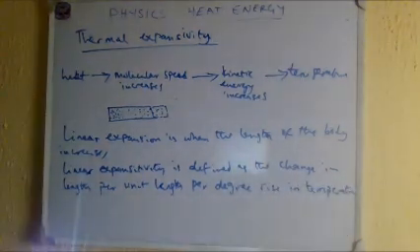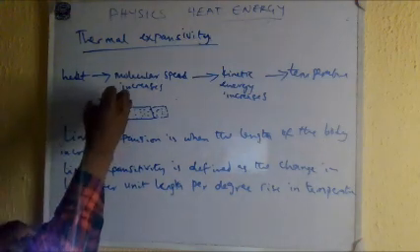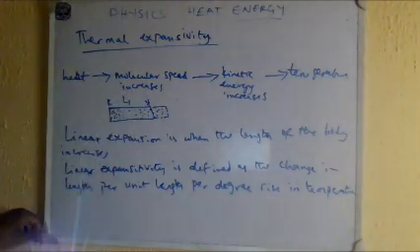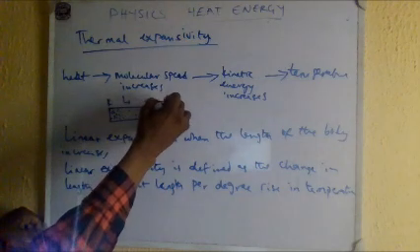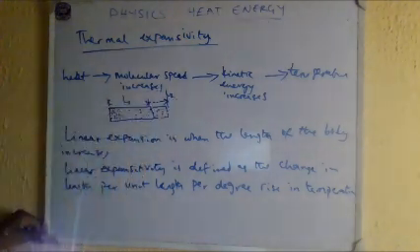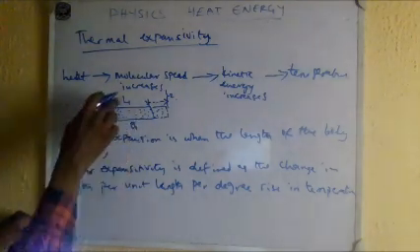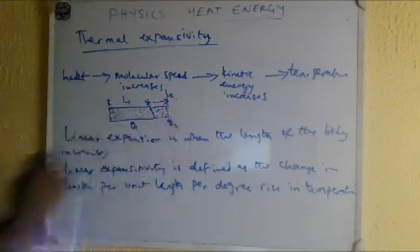So this one now is the length, initial length, L1. When heat is applied, it now increases and acquires a final length, L2. But mind you, there was an initial temperature here when it was L1. So when it now becomes L2, there's a final temperature.